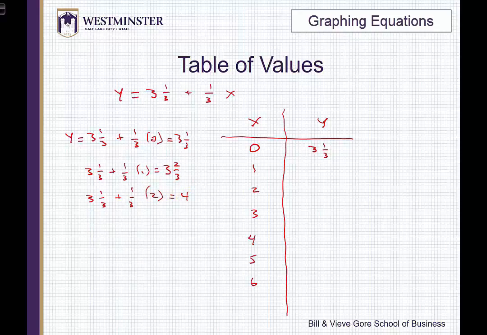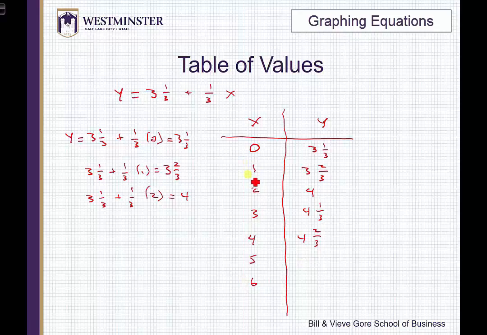So I'll just go ahead and fill these values in where x was equal to 1, y was equal to 3 2/3, where x is equal to 2, then y is equal to 4. And I can continue this on, and as it turns out, I can continue it on very quickly because I recognize the pattern develop. You won't always be able to use that because you may not have a consistent change in x.